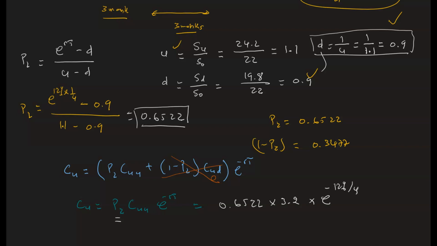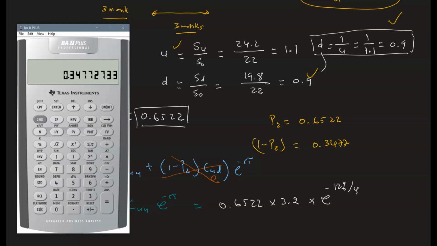So what we're going to have is essentially the following. Exponential of minus 0.12 divided by 4, and then we're going to multiply that by 3.2, and then we're going to multiply that also by 0.6522, and that's going to give us 2.025, which is going to be call up.